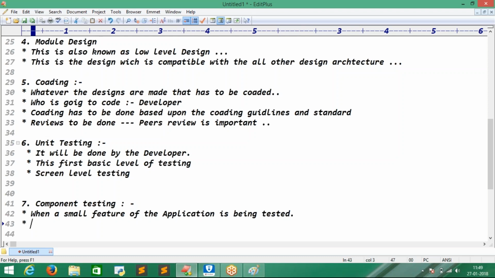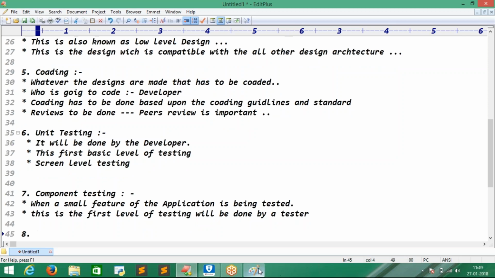You can say this is the first level of testing and will be done by a tester. Clear? So this is known as component testing. Clear guys? Next.